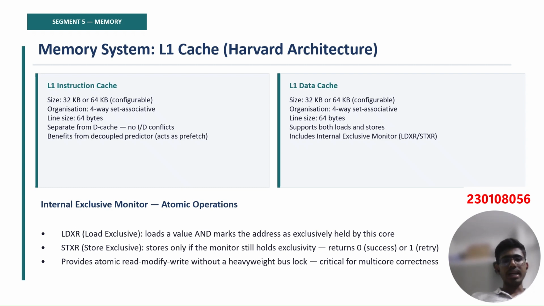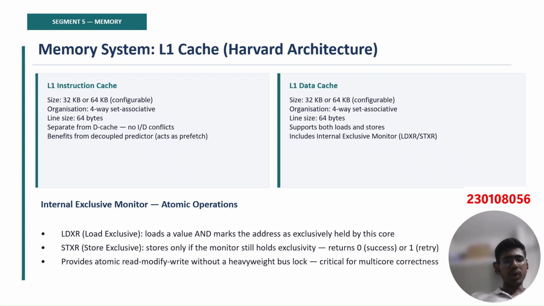And coming to the L1 data cache, the size of the L1 data cache is also 32 KB or 64 KB, and it is also 4-way set associative. The line size of the L1 data cache is also 64 bytes, and it supports both loads and stores. And it includes an internal exclusive monitor. And what does the internal exclusive monitor mean? The internal exclusive monitor has two things in it: LDXR and STXR.